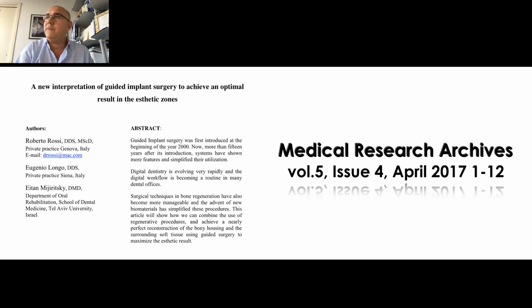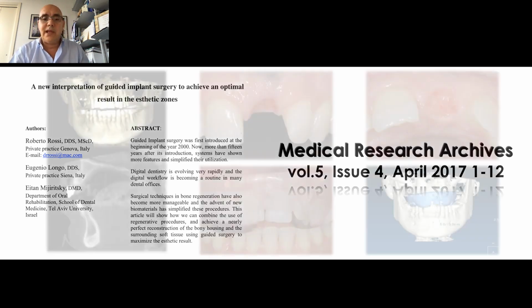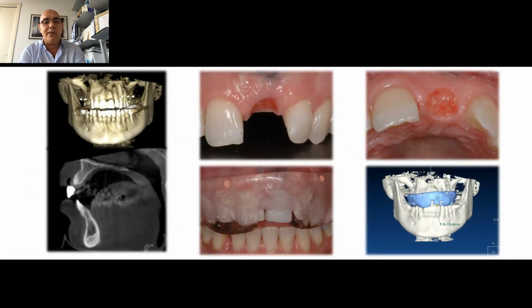And in 2017, we replicated the concept that whenever we build everything nice, so if we are able to do a nice GBR and to have the soft tissue in place, you can see here that the tooth is in position. You can see that the papilla to the mesial and to the distal is there.